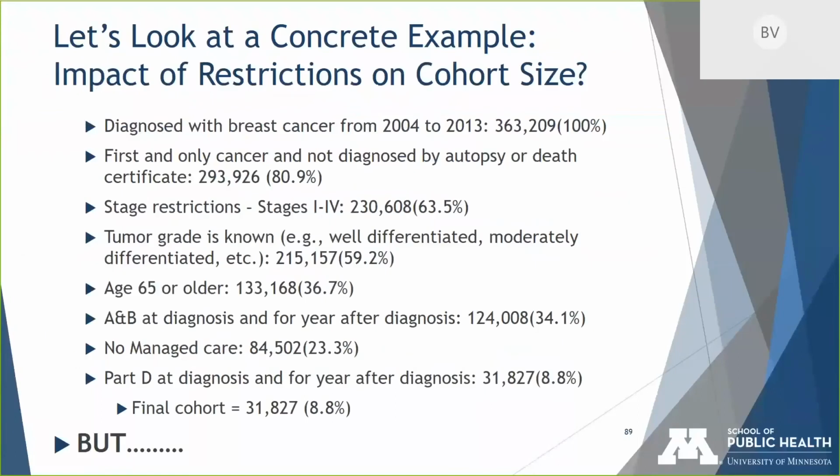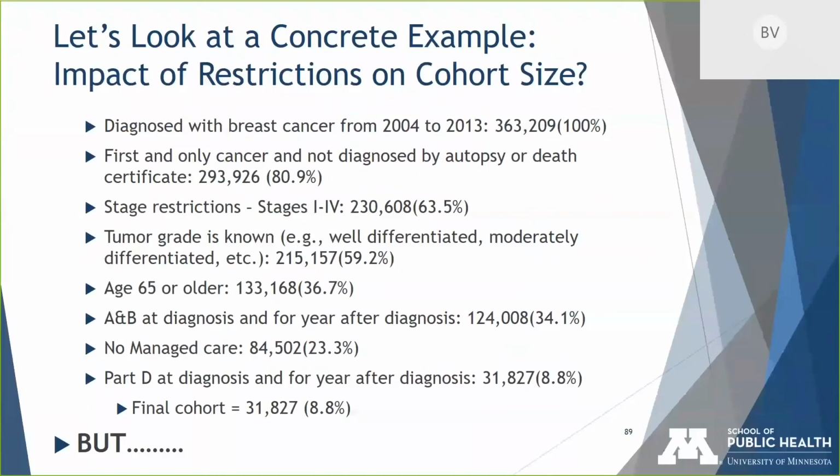So if we look at a concrete example with some actual numbers in here, we have breast cancer cases diagnosed from 2004 to 2013. We get about 363,000 cases just with that definition alone. And you'll see as we work through some of these common limits that we've talked about, your sample size starts to kind of drop off a bit.